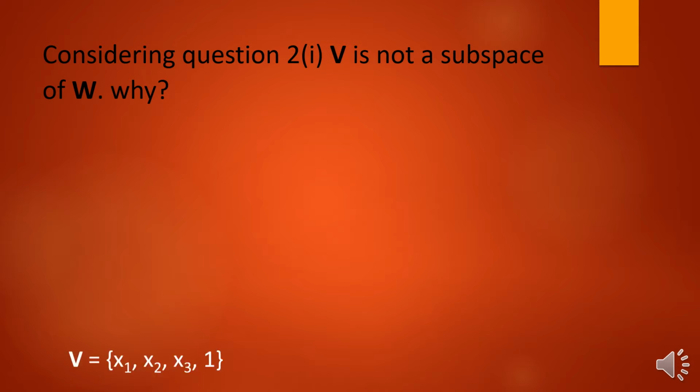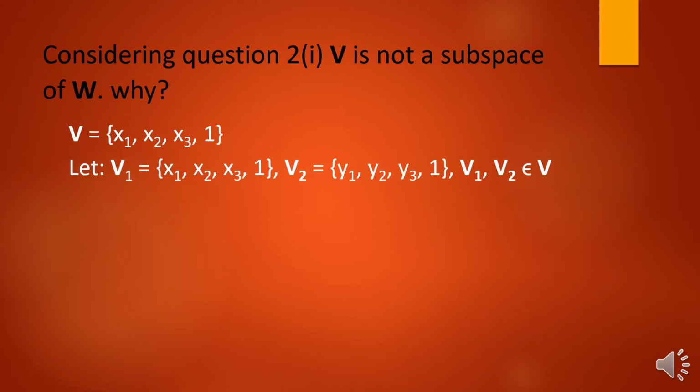So let us begin with that vector V with x1, x2, x3, and 1. Those are points which we are looking at in V. But we can also consider, let us say we have V1 and V2, because we need to show something here. V1 has four components because we're talking about 4-dimension space, and V1 and V2 are members of V. We need to show whether V is closed under vector addition.